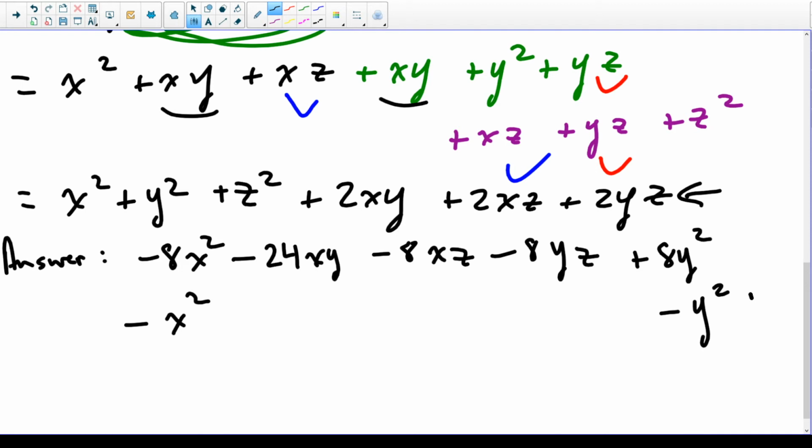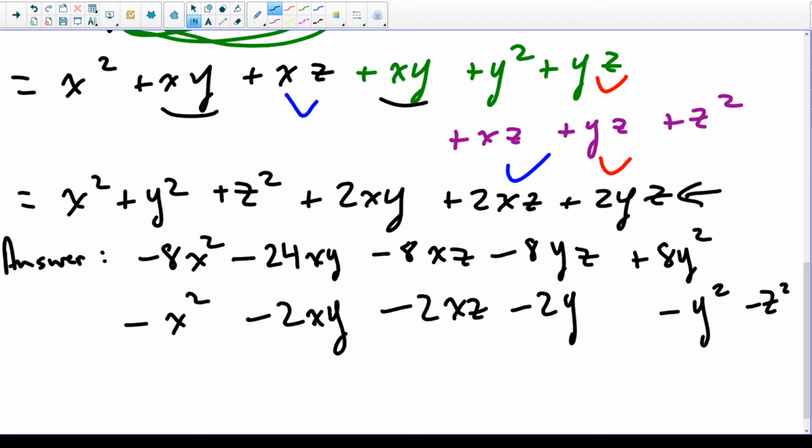We've got a plus z squared, which becomes a minus z squared because it's subtracted. That doesn't have anything to join up with in the first one. We've got a plus 2xy, which becomes a minus 2xy when I'm subtracting. A plus 2xz, which becomes a minus 2xz when I'm subtracting. And plus 2yz, which becomes a minus 2yz when I'm subtracting.